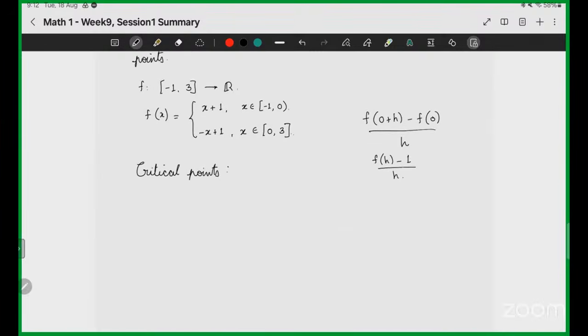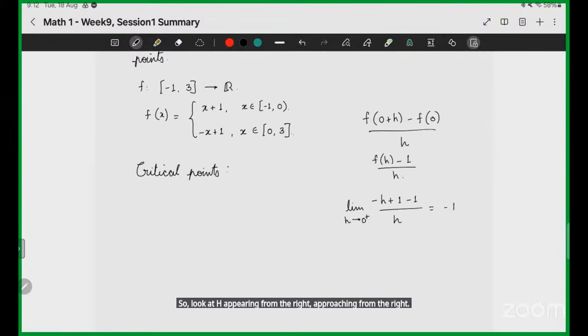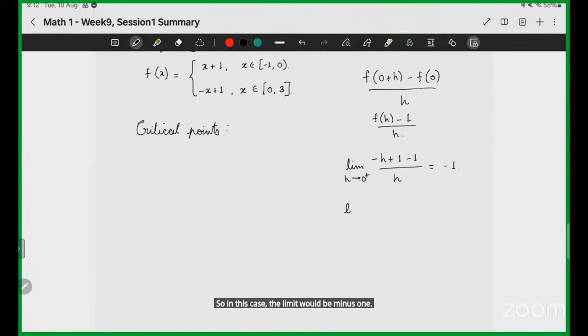On the right side, what is f of h? It is minus h plus 1. So looking at h approaching from the right, the limit would be -1. From the left, it would be h plus 1 minus 1 divided by h, which is 1.